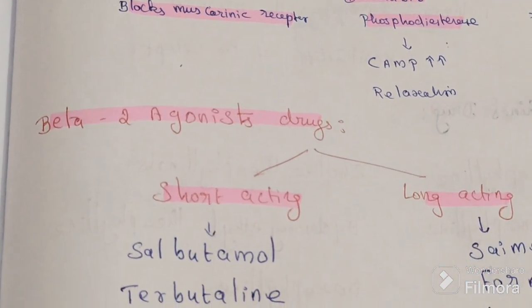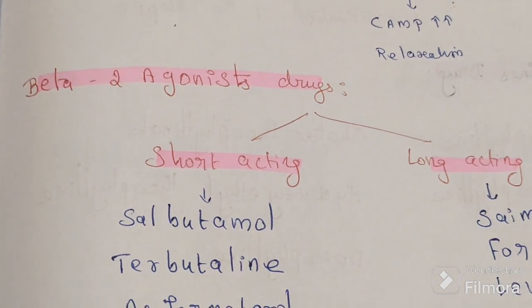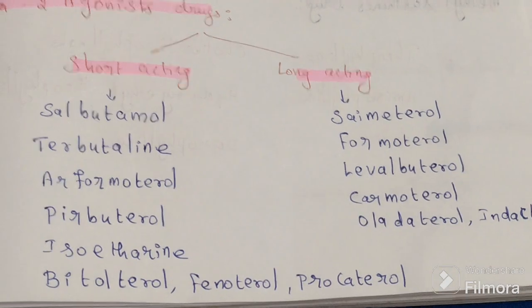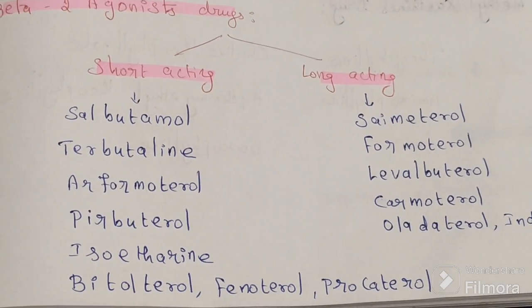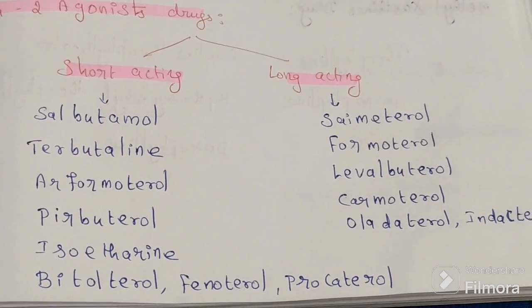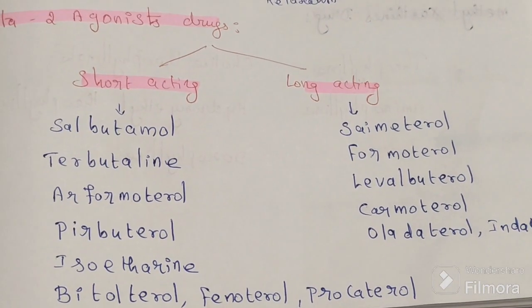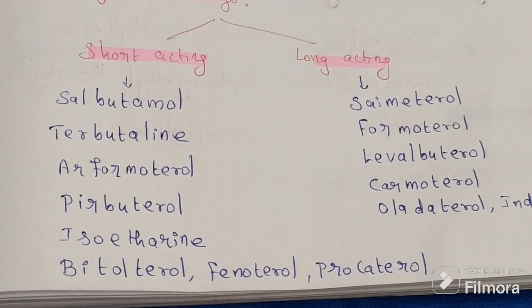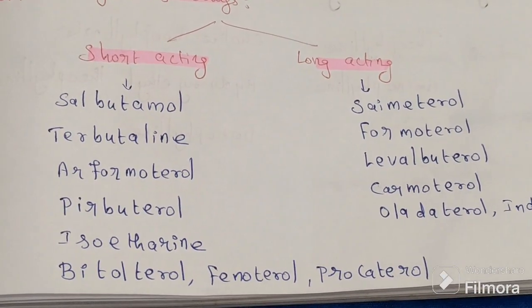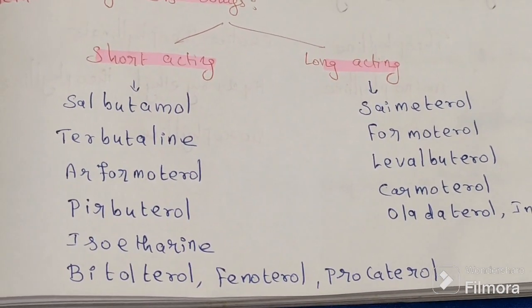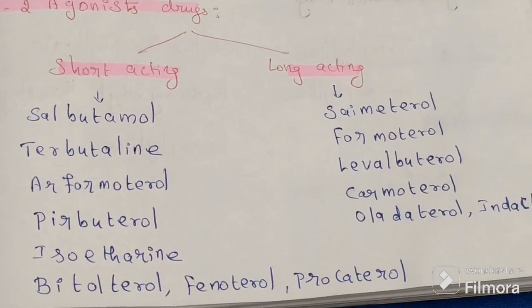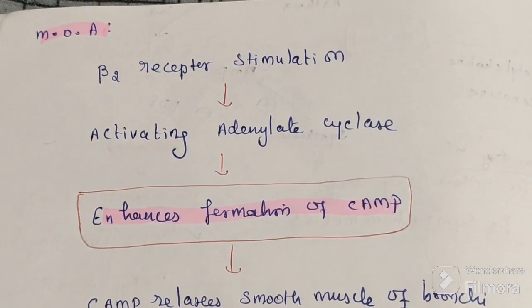First one is beta 2 sympathomimetic drugs. These are the drugs, short acting and long acting. What is the mechanism of action?